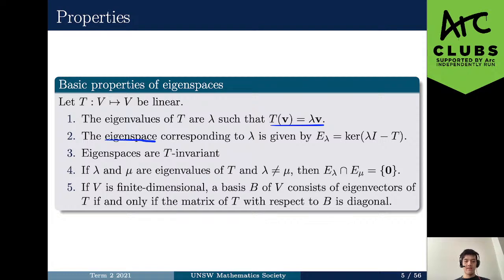So if I have an eigenvalue lambda, the eigenspace is the set of all vectors v such that T of v is equal to lambda v. Well, how do I find them? That's the same as saying T of v minus lambda v equals the zero vector.